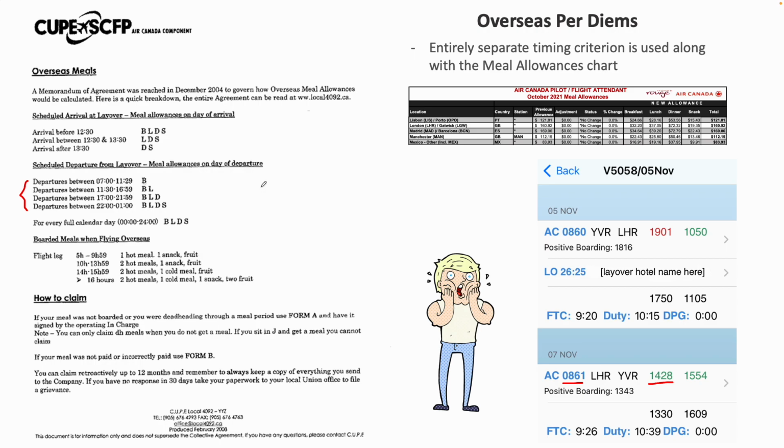The choices differentiate between departures from 7 a.m. to 11:29 a.m., 11:30 a.m. to 4:59 p.m., 5 p.m. to 9:59 p.m., and 10 p.m. to 1 a.m. In this case, the flight departed at 2:28 p.m., so the choice for us on the day of departure is breakfast and lunch.